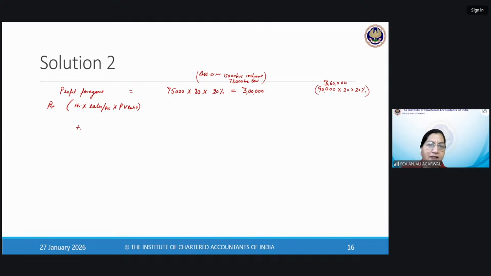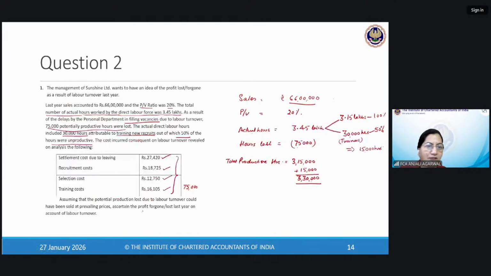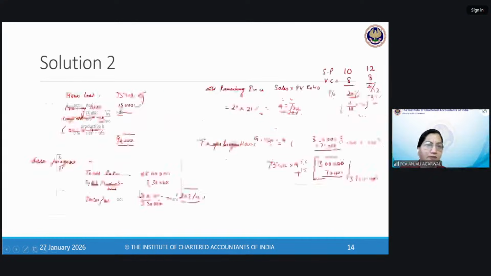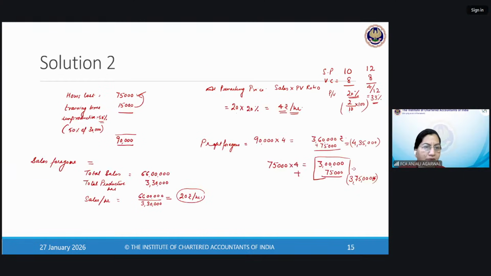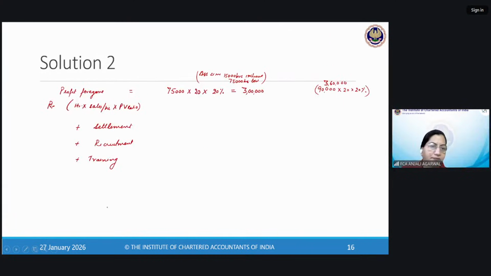Then you had certain other expenses also, you see, settlement, recruitment, selection, training. So this is the profit foregone. This is the opportunity cost or loss. Plus, you had settlement costs. Plus, you had recruitment costs. Plus, you had training costs. And there was one more, selection costs.